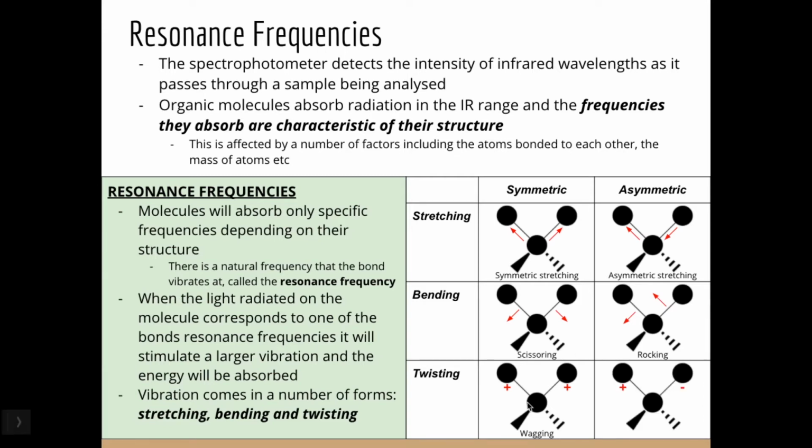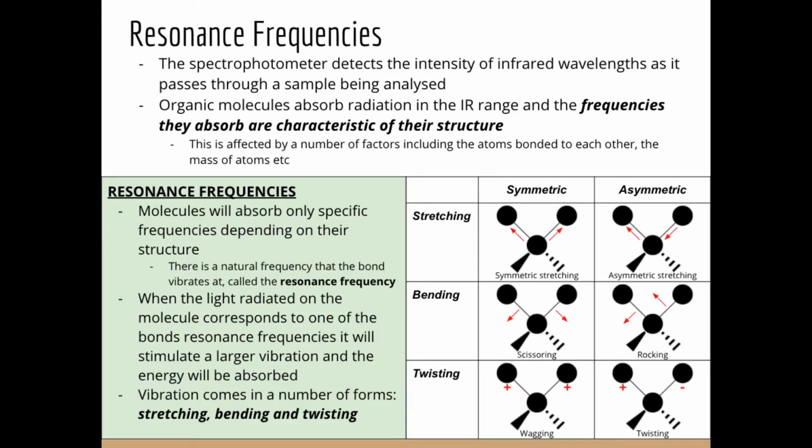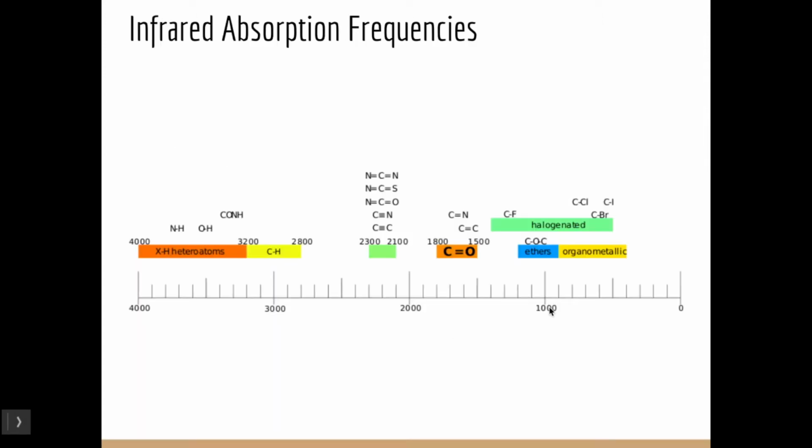That's called wagging. And then the final kind is the twisting, which is where they're doing it asymmetrically, which, if I work out how to do this, I guess would be like that. They're vibrating that way. So there is my demonstration for you. Those are the different ways that the molecules can vibrate.